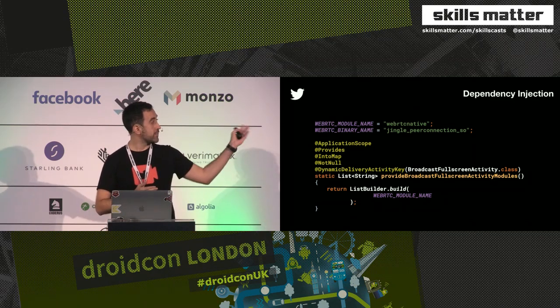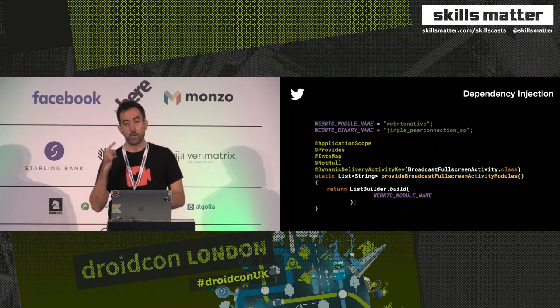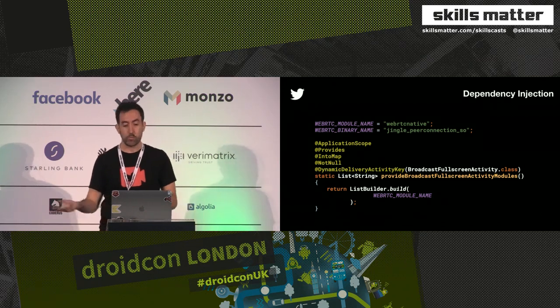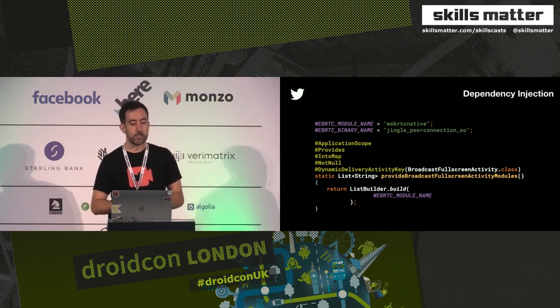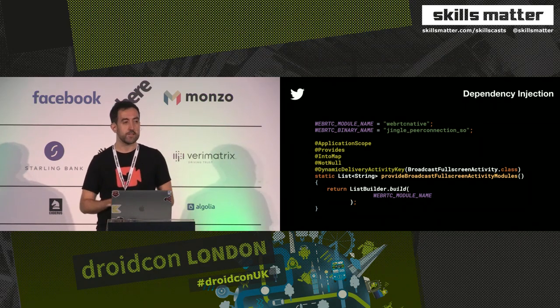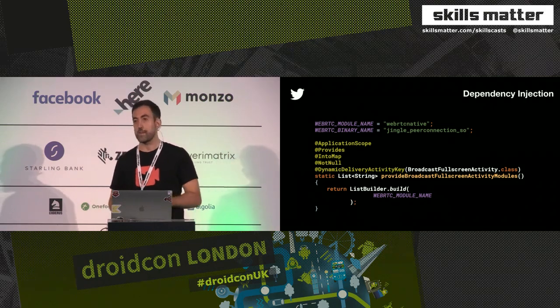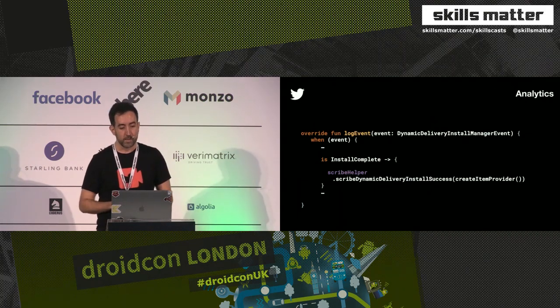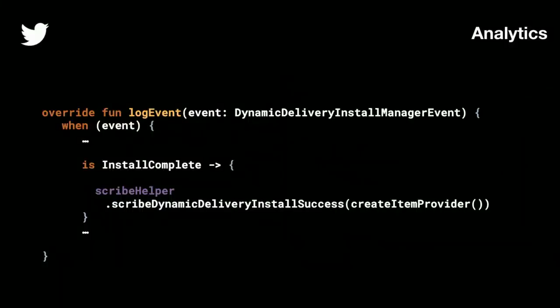In this case, you can see we have a list, but this list only has one module, but it can have 2 or more. So with this, we are making this available for the generic implementation to use at the time we need it. And then, of course, we use analytics very strongly. We want to make sure that everything is going well, or if it's not going well, then we have to react to the different situations.